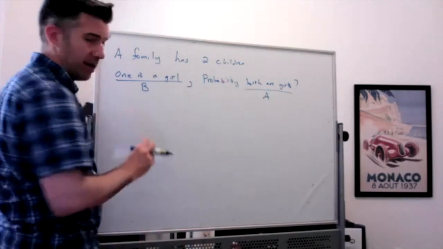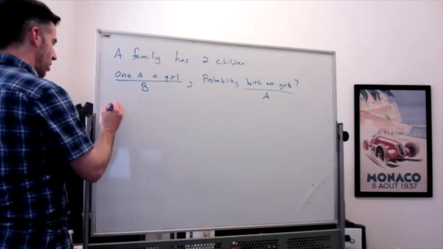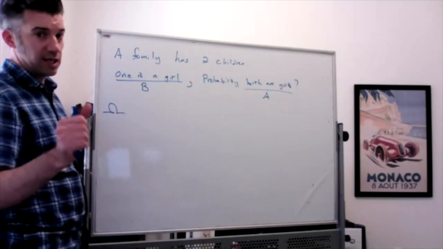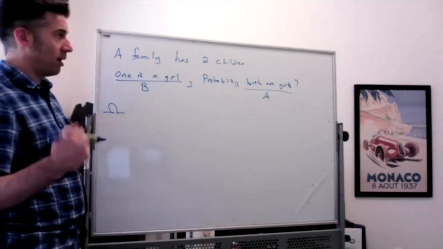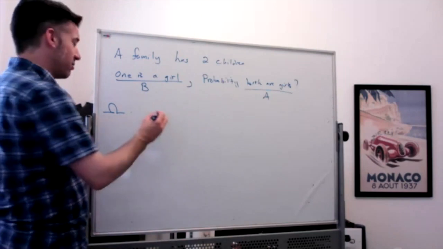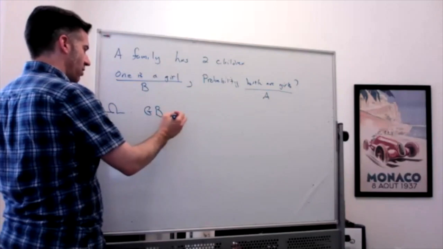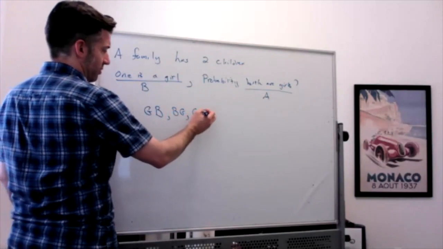So let's write it out this way. What is our reduced sample space? If we know one child's a girl, it could either be the first child was a girl and the second was a boy, or the first child was a boy and the second was a girl, or the first child was a girl and the second child was a girl.